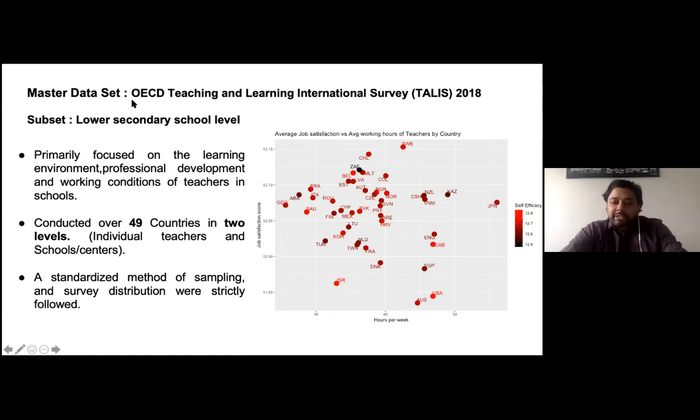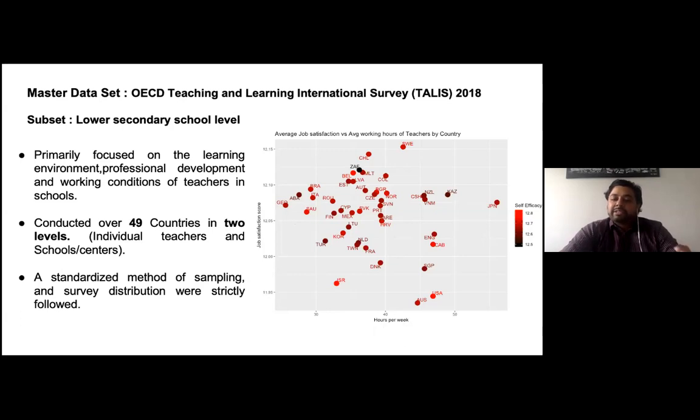So here we can see the x-axis is the hours per week the teachers spend on their job, and the y-axis is the job satisfaction score. This is actually a scaled score extracted from their survey answers.